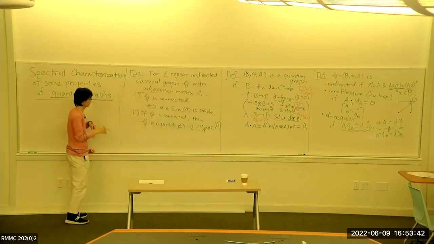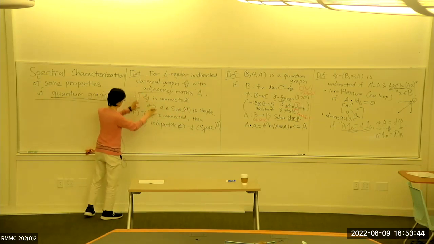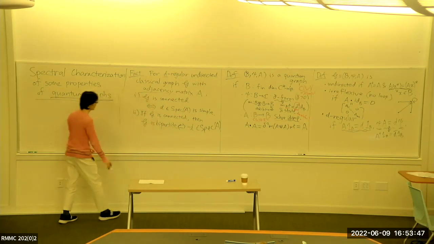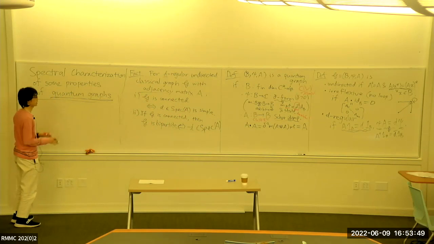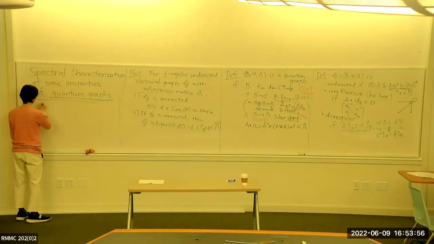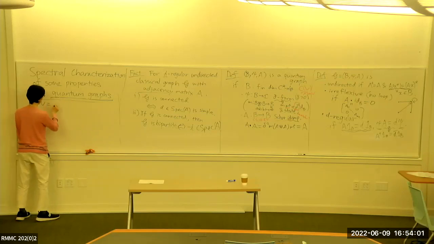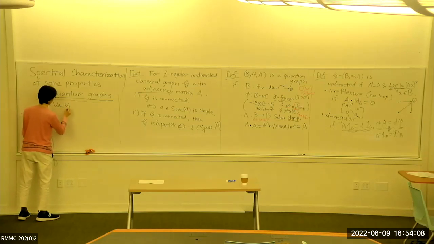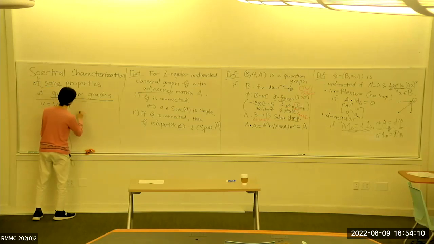So next we have to define what a connected quantum graph and bipartite quantum graphs are. In the classical setting, a graph is disconnected if and only if there is a decomposition of the vertex set into two sets such that there are no edges between the two vertex sets.